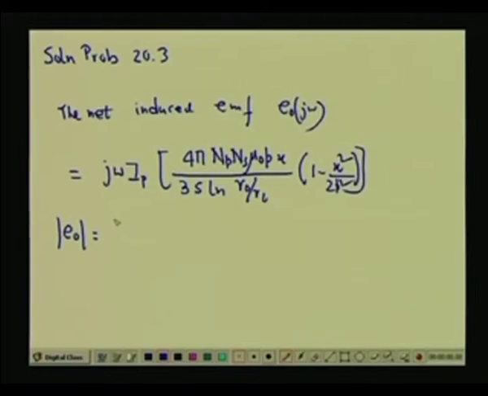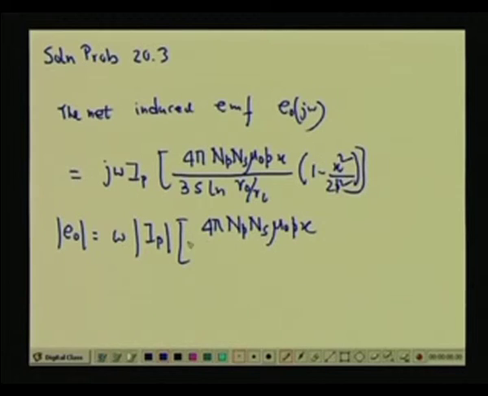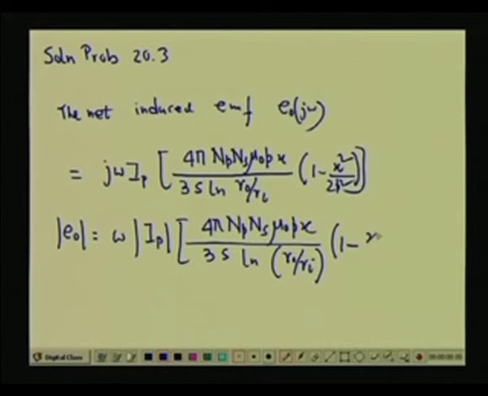Now, E naught obviously I can write omega I p equal to 4 pi n p n s mu naught p x over 3 s natural log r o by r I times 1 minus x square by 2 p square, like this.